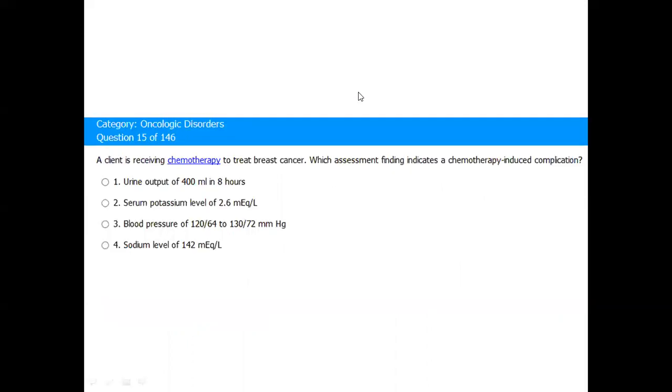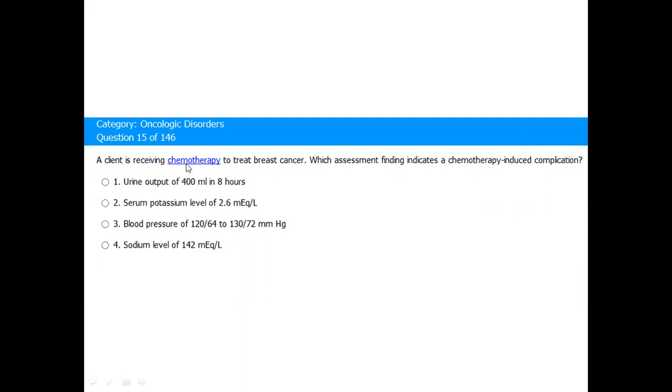Next here, a client receiving chemotherapy, right? So chemotherapy for breast cancer. Which assessment finding indicates a chemotherapy-induced complication?